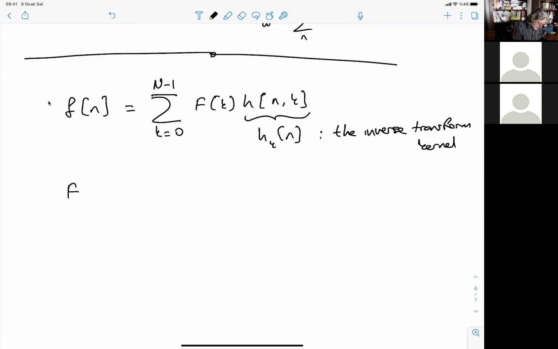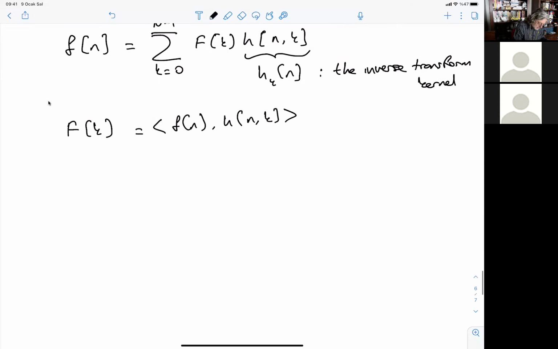And if they are a basis, then capital F of k is obtained as the inner product of f of n and this inverse transform kernel. So we know that it's f of n inner product with h, n, and k.